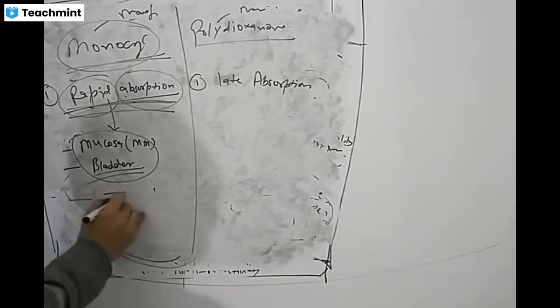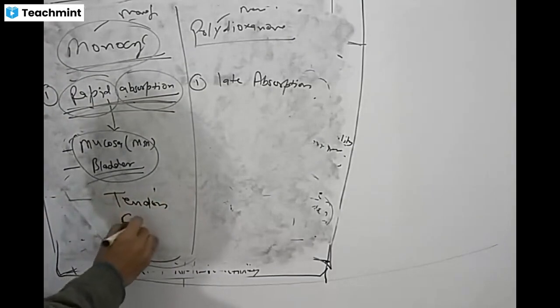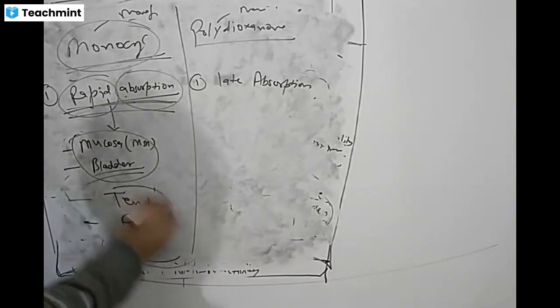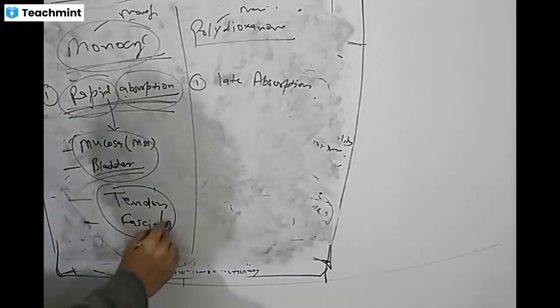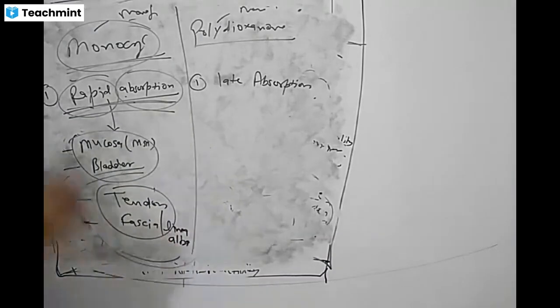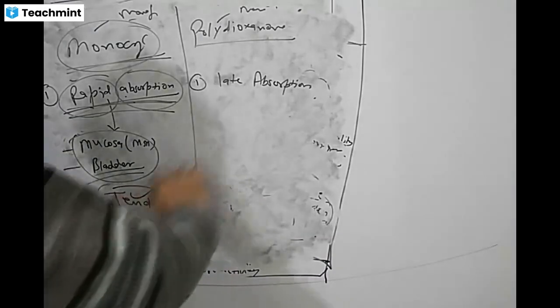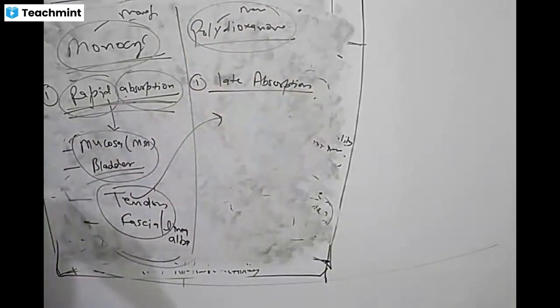But this monocryl we cannot use for tendon, fascia, or linea alba, because these are slow healing tissues. For these, we have one more option, polydioxanone, with delayed absorption.